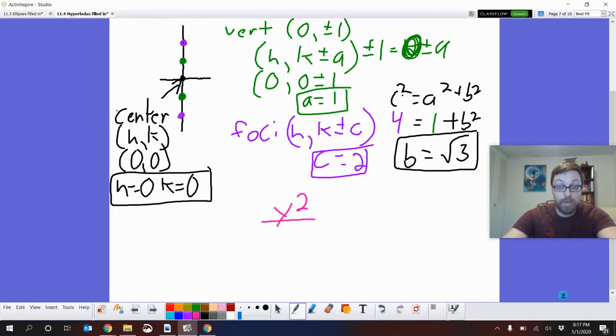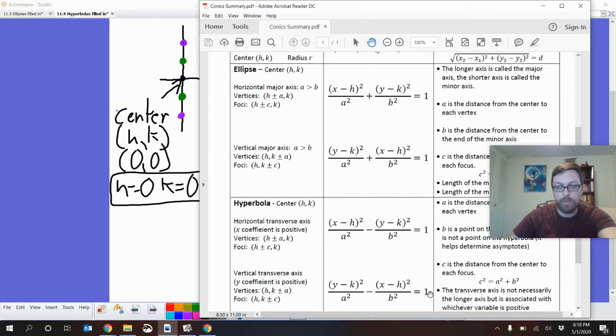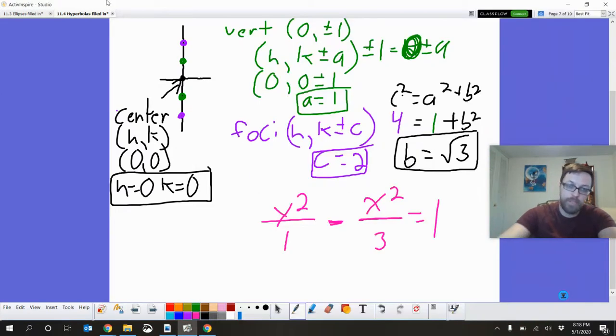And A is going to go underneath it, but we've got to square it, which is a little silly because it's just a 1. Minus, because it's a hyperbola, we want to do X minus H. Well, it's 0, so X squared over our B value, which is the square root of 3. So that is just going to be 3, because we've got to square it. And then it always equals 1. And I'm just getting that 1, because that's what's in the equation. There's a 1 there, so I pull 1 there. That's our standard form.